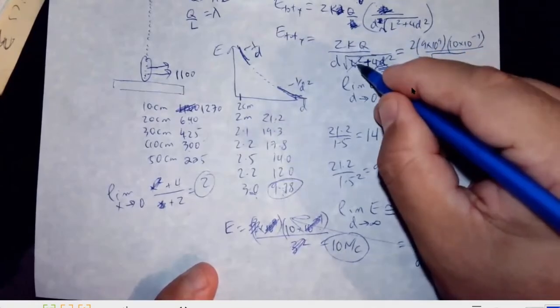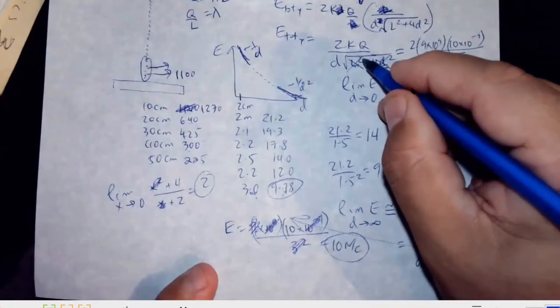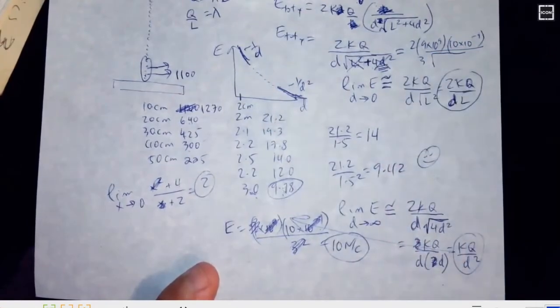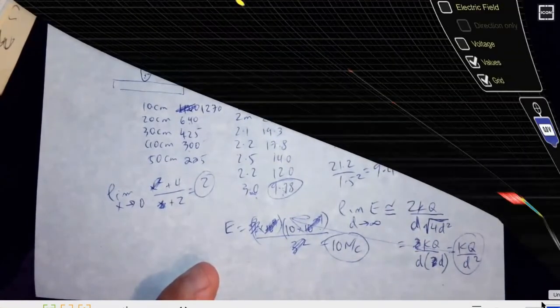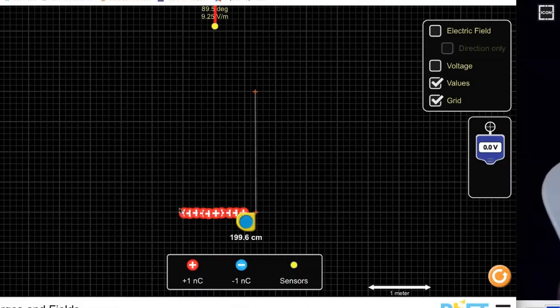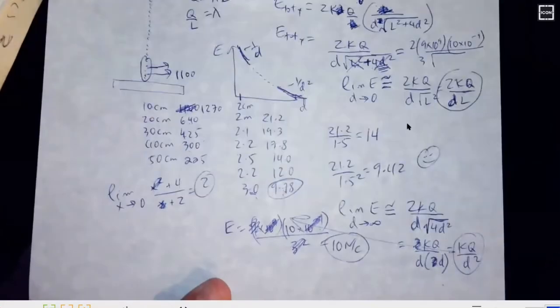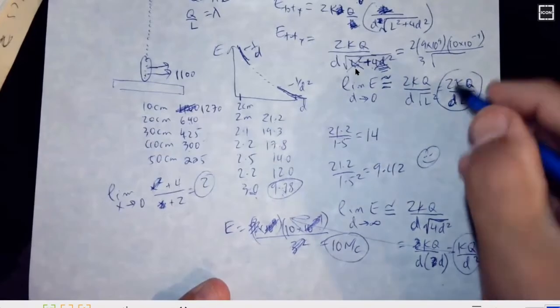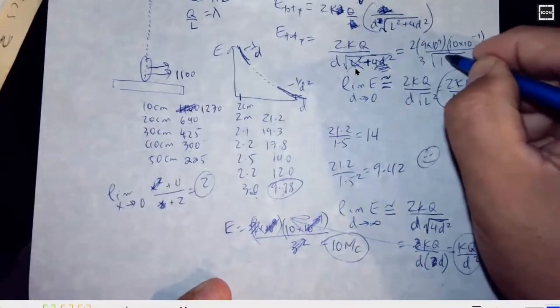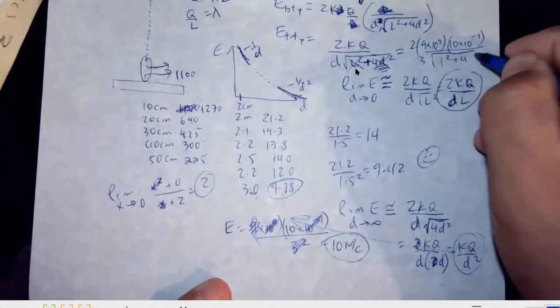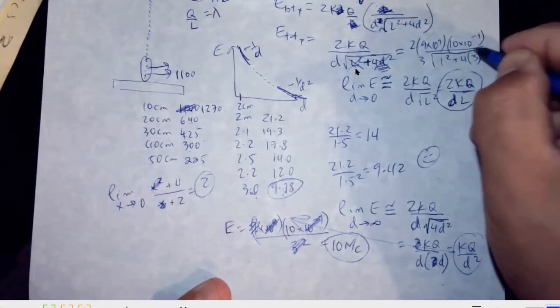square root of, the length was, what was it? Oh, the whole length of the rod was 1 meter, I think. Yeah, the length of the rod from here to here was 1 meter. Okay, so then I'm going to say square root of 1 squared plus 4 times 3 squared.